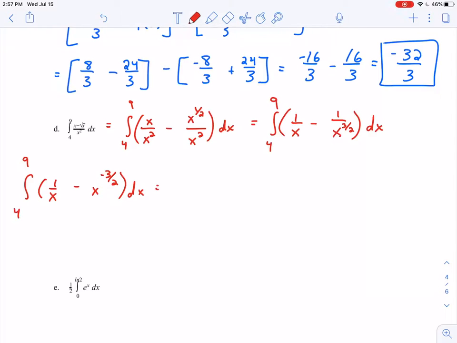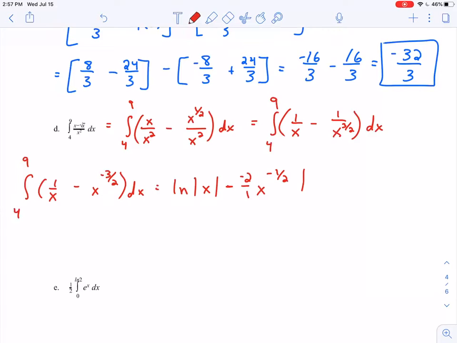So now we're going to find our antiderivative. So the antiderivative of 1 over x, it's natural log of absolute value of x. Antiderivative of x to the negative 3/2, we're going to have minus x. If I add 1 to the power, I should have negative 1 over 2. And then multiply by the reciprocal, so I'm going to multiply by negative 2 over 1.